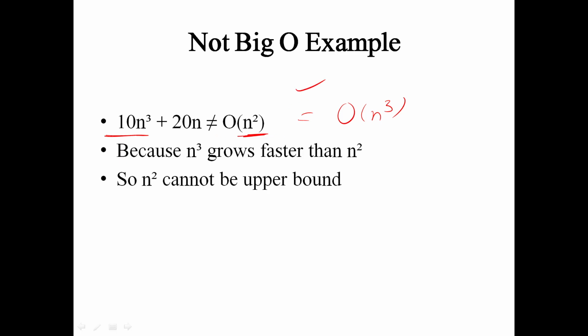But here the answer is order of n square, which is not correct, right? So this is not possible because n cube grows faster than n square. For large values of n, 10 n cube plus 20 n will exceed any constant multiple of n square. So definitely 10 n cube plus 20 n is not equal to order of n square. It is equal to order of n cube.